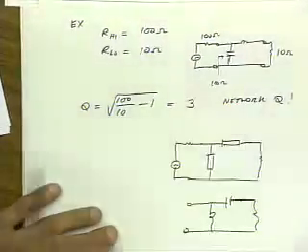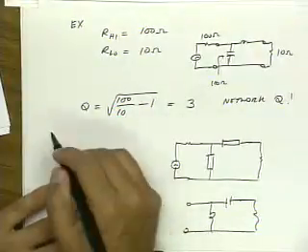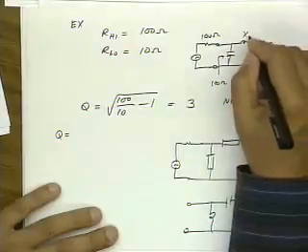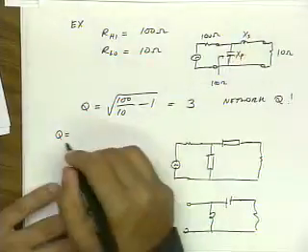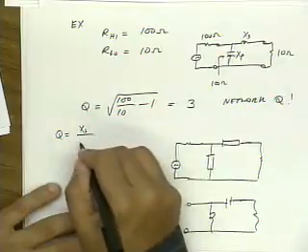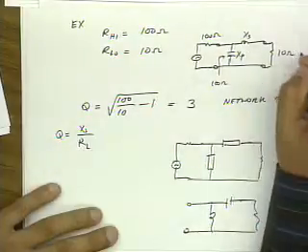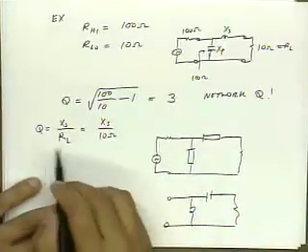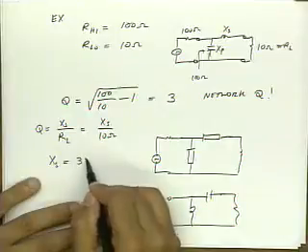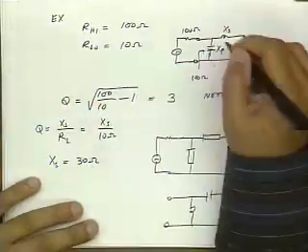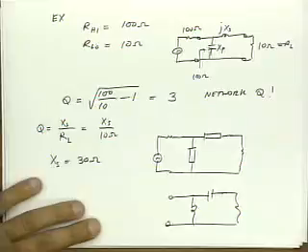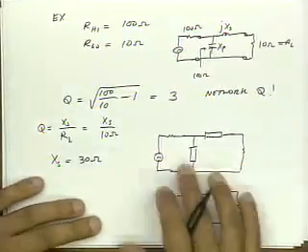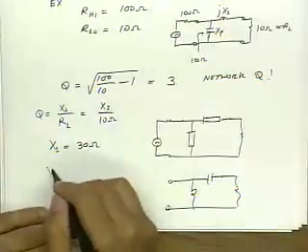So what are the design equations? Well, let's finish this example. If Q is equal to 3, remember Q is this guy. Let's call this X series and this X parallel. The Q is XS over RL, where RL is 10 ohms. We know the Q, that means XS should be 30 ohms. So for instance, I can make this plus jXS, or I can make it minus jXS. And then how do I pick XP?